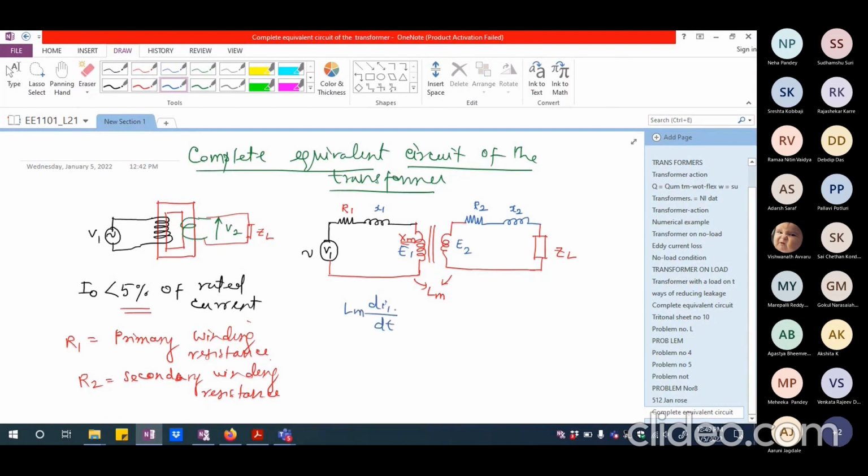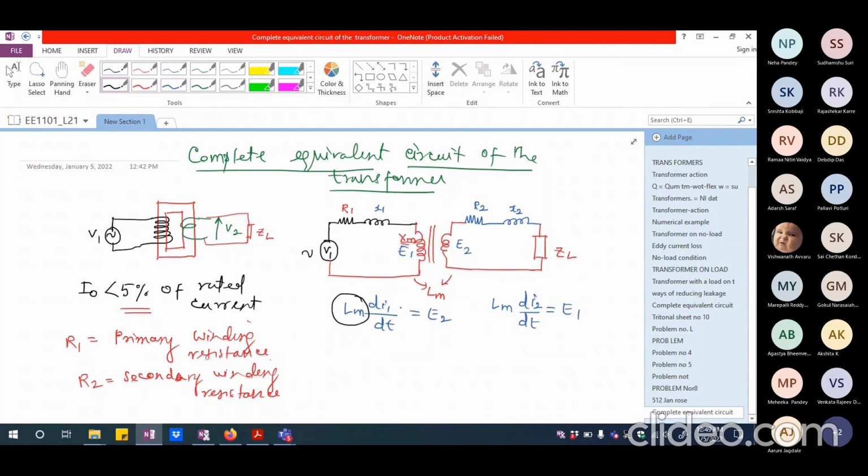Lm is the mutual inductance existing between the primary and secondary. That will give me E2. The same way I'm going to write Lm multiplied by dI2 by dt. If I try to write it in terms of inductance and current, I have to write it like this. That will be E1. So I'm looking at how these two are coupled because of the inductance or the flux existing between them. So this Lm is the root cause for transformer action.